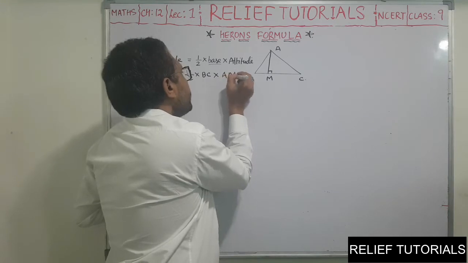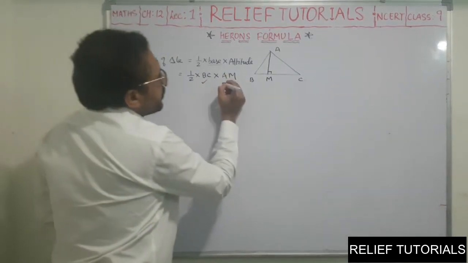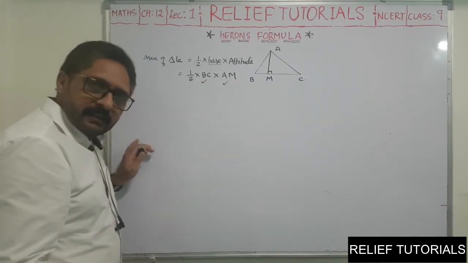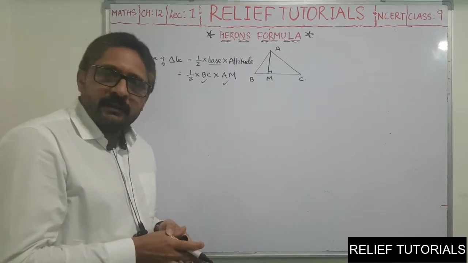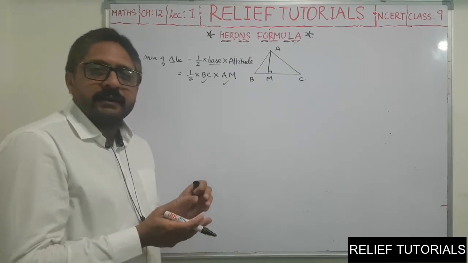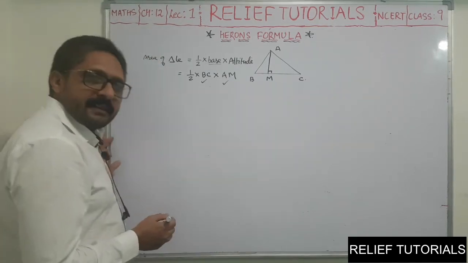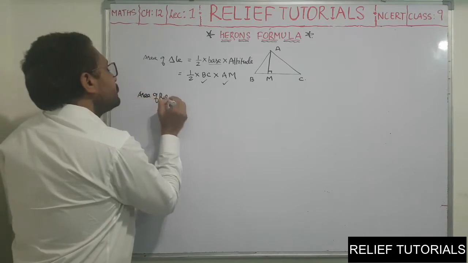If you have this base and the measure of this altitude, then easily you can find the area of a triangle. So in short, in order to find the area of any triangle, you require a base and its corresponding altitude.